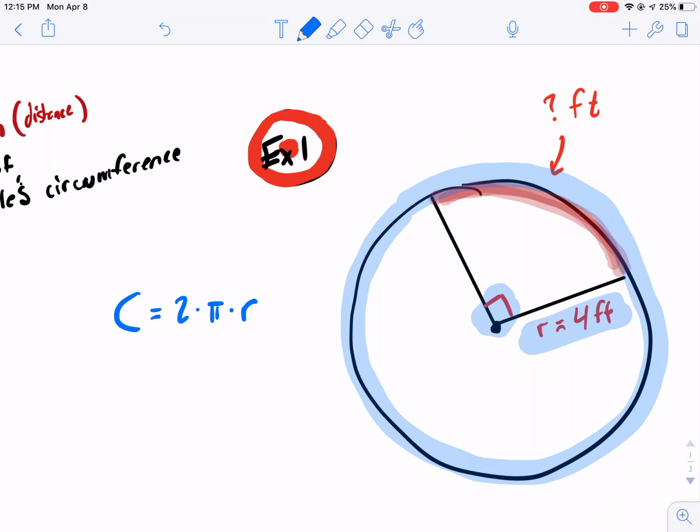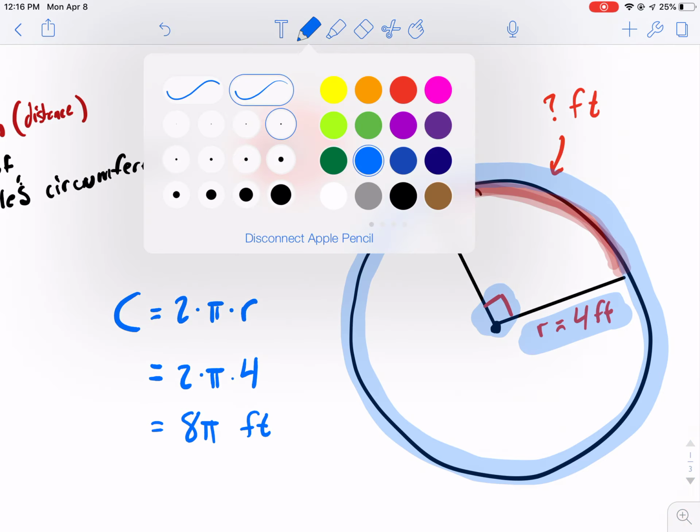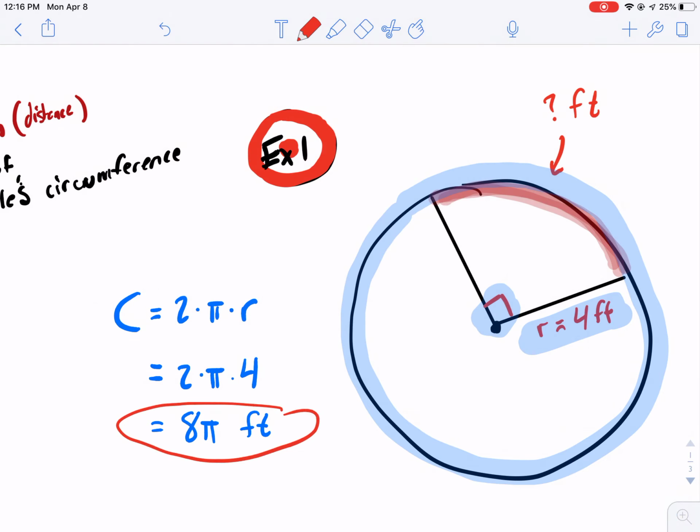Just imagine, if it says 10 times pi, it's about 31.4. So anything you get in front of the pi symbol, it's about 3 times bigger in terms of the distance. So we have 2 times pi times the radius, which is 4 feet. So our answer is going to be 8 pi, and the units are feet. It's a distance, okay? So this is our circumference.